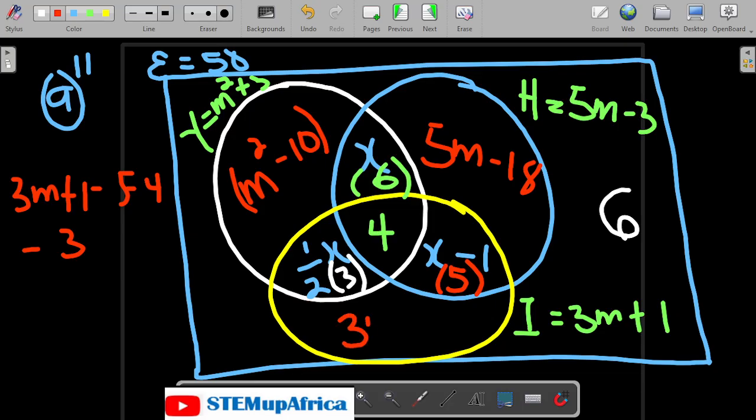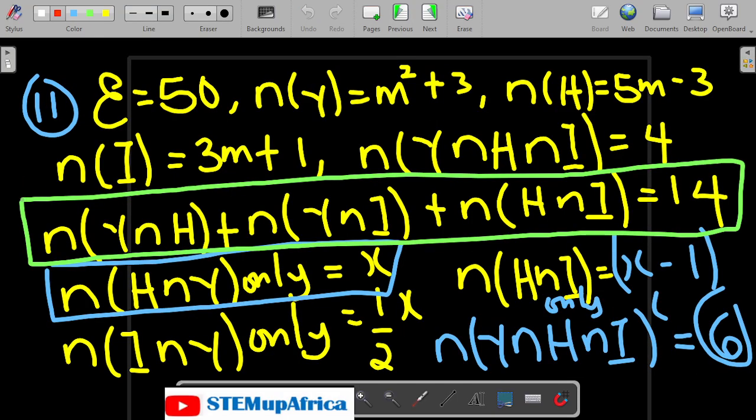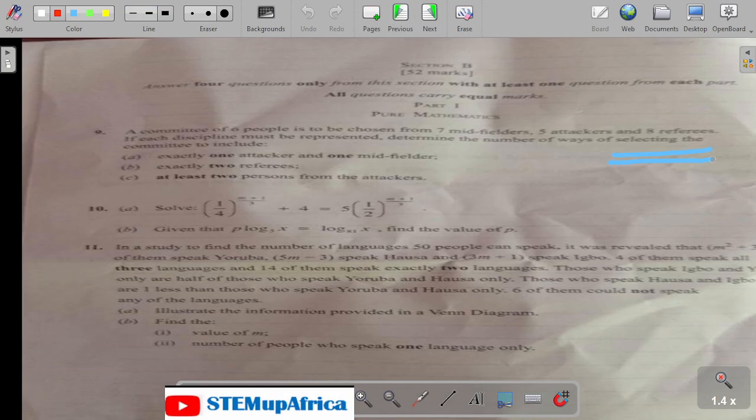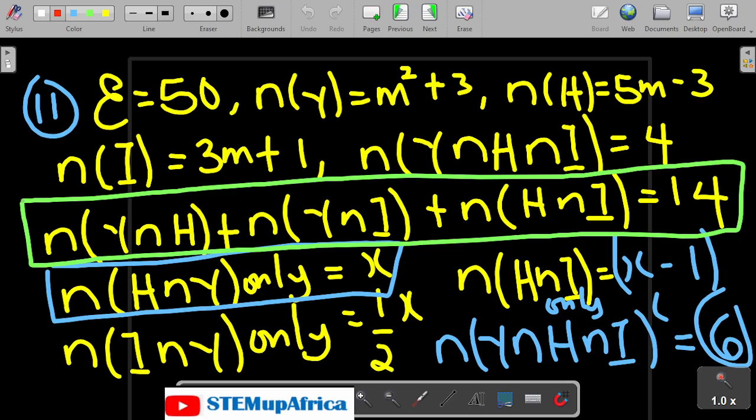Yes, so this is now the complete Venn diagram according to question A. So let's go to question B. Question B says, find, Roman figure 1, the value of m. You should find the value of m now according to question B, Roman figure 1.